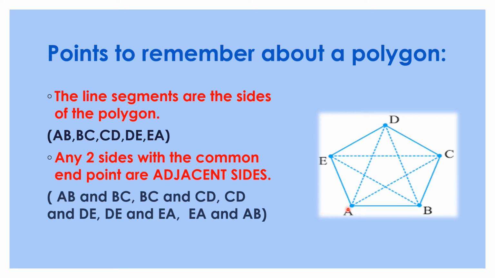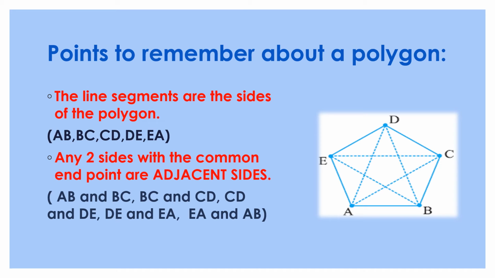Now, if you look at any two sides which have a common endpoint, like AB and BC, they are joined by B. BC and CD have a common endpoint C. CD and DE have common endpoint D. DE and EA have common endpoint E. EA and AB have common endpoint A.